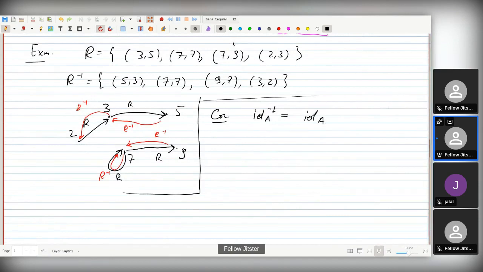As an exercise, you may prove that the domain of the converse relation equals the range of the relation. Exactly. And clearly the range of the converse of R is just the domain of R itself. Is this idea clear?